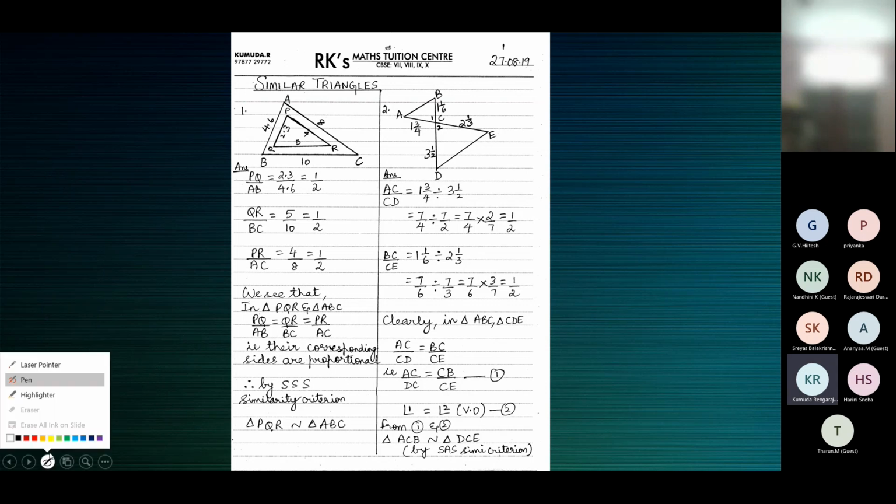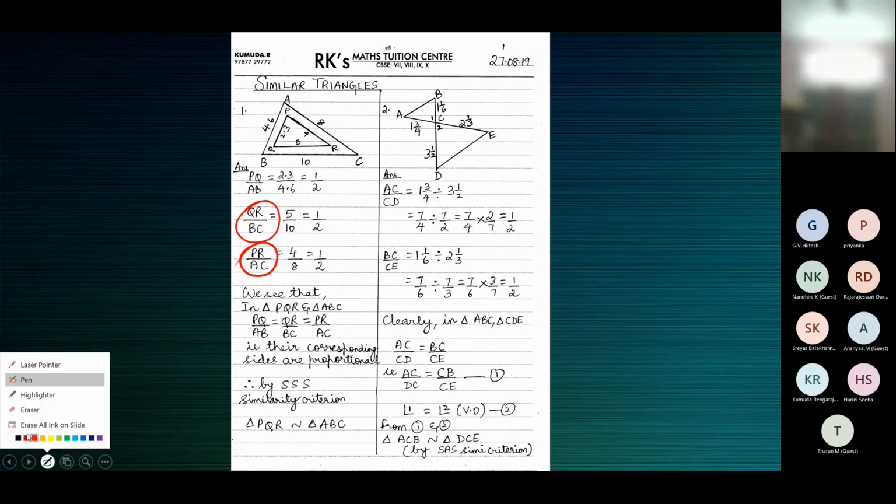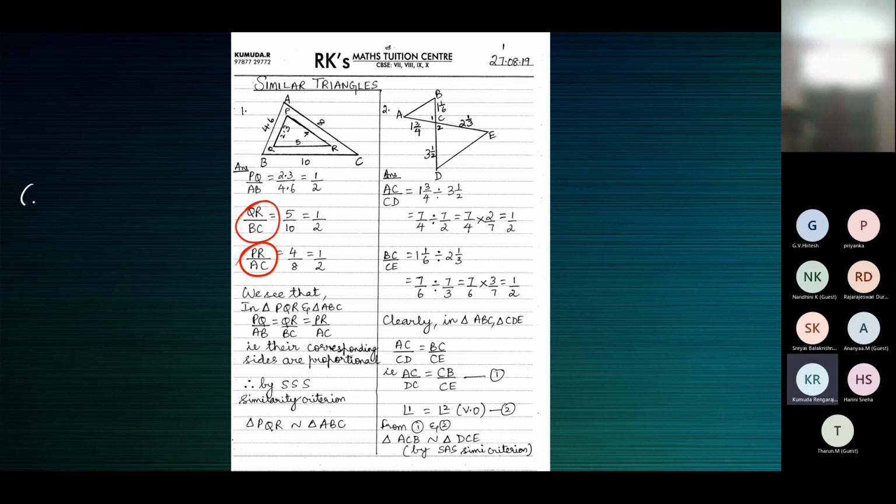Supposing you take up these two ratios. Then you have QR by BC is equal to PR by AC. Which letter is common? R is common. So we'll write this one as RP. PR, RP both are the same. And we'll write this AC as CA. AC, CA both are the same.